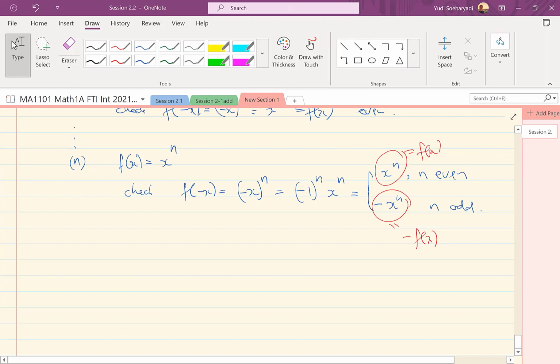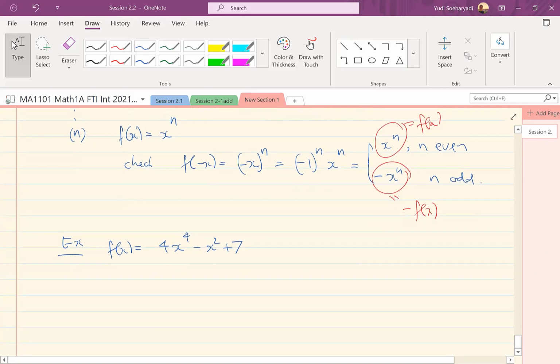Okay, up to this one. Let's see here. What about the arithmetic of even odd functions? Another example is this.